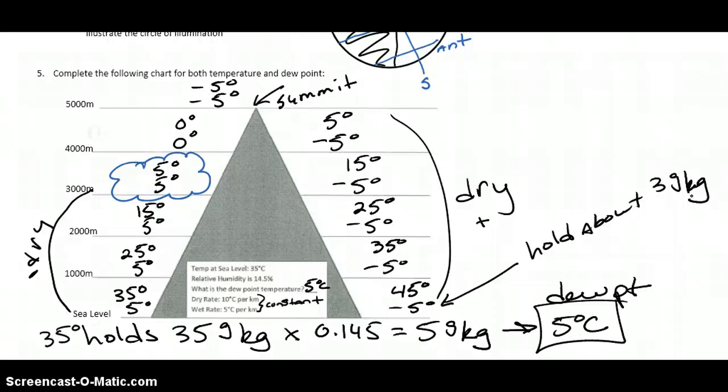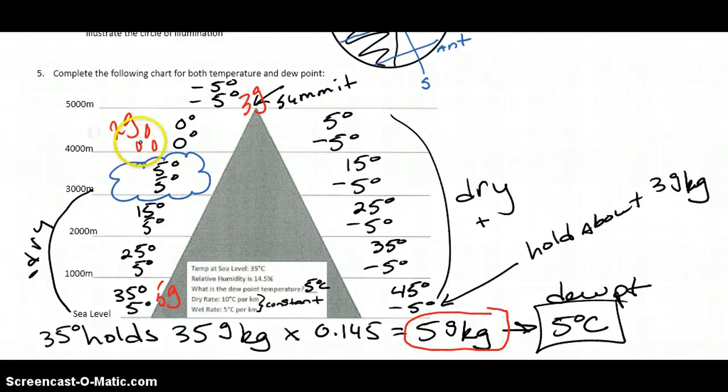We started off with 5 grams. If you look in this original calculation, I said, okay, if you're 14.5% saturated, you're holding 5 grams. So if we started off with 5 grams down here, and up here, all we had were 3 grams, well, the difference between them is 2. So 2 grams came out as rain.